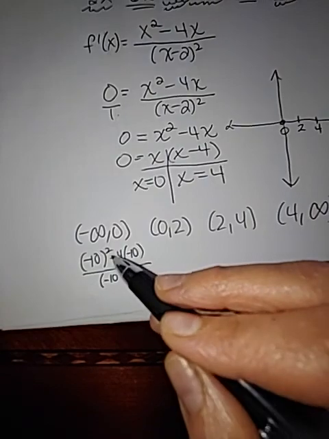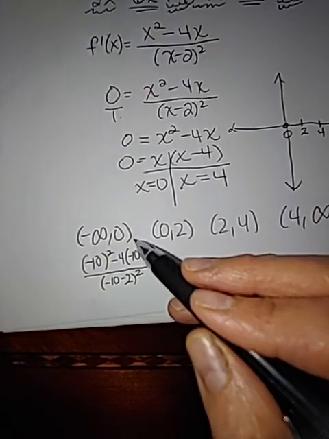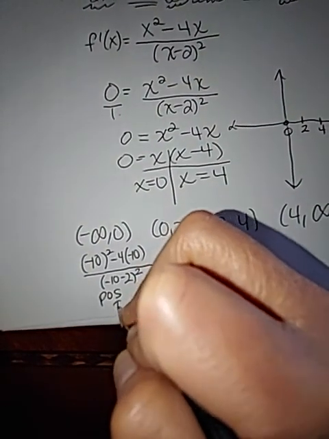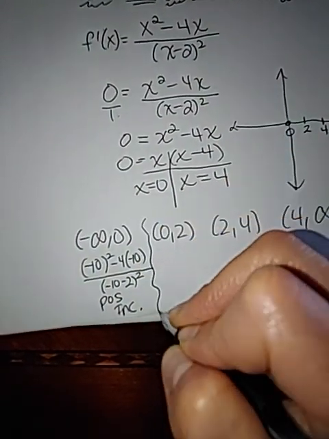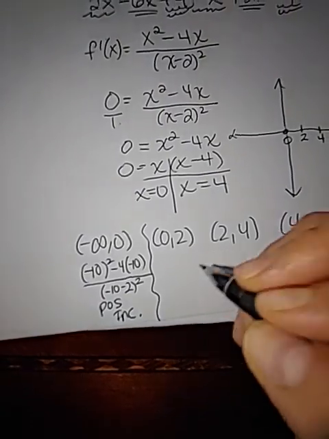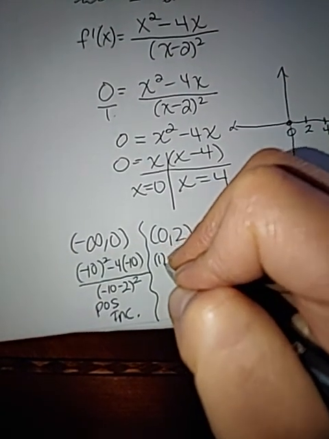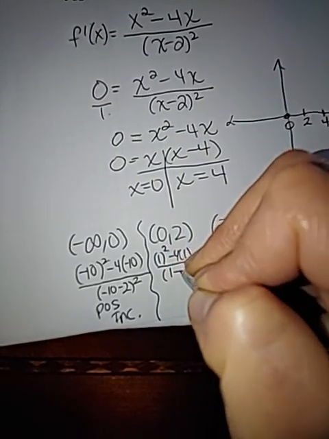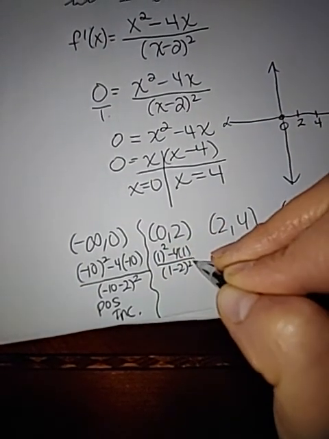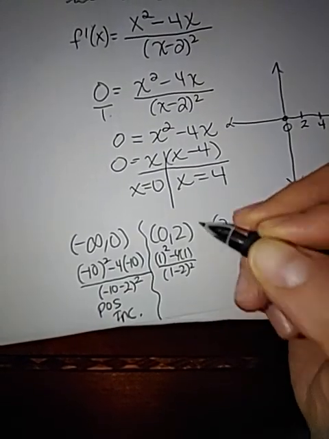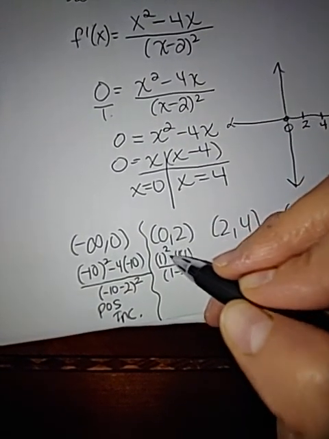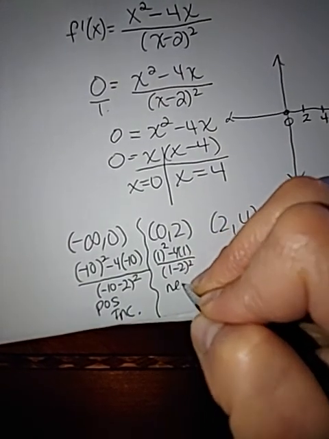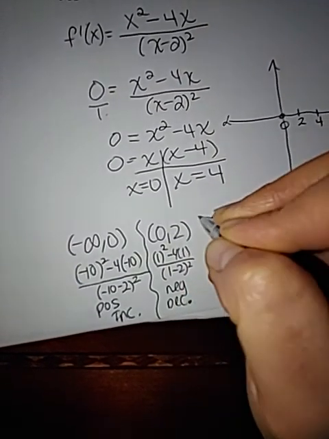So I have 100 plus 40, positive over positive. The whole thing is positive, which means that section is increasing. Now I'll plug in 1. The bottom has to be positive. I have 1 minus 4, which is negative. So negative over positive is negative, which means my graph is decreasing.